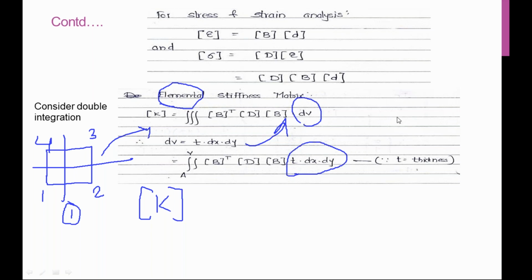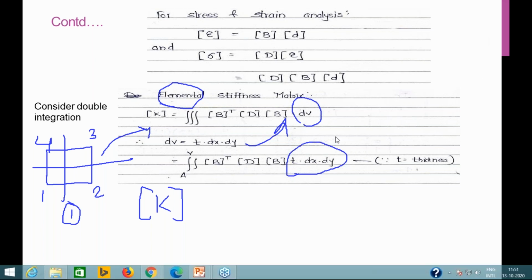Element matrix, not global. Mallar, check your answer. This is not one dimensional, this is a two-dimensional element. So degree of freedom per node into total number of nodes. This is the formula for the elemental stiffness matrix and also the global stiffness matrix.